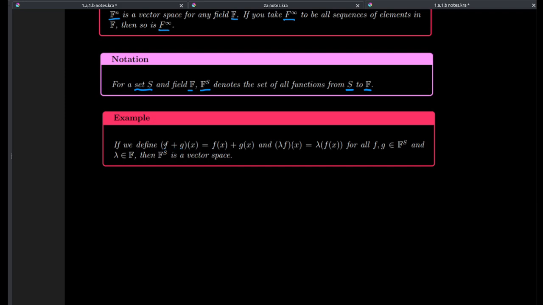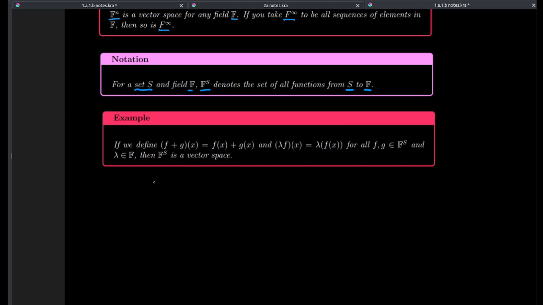If we define the sum of two such functions to be the function that sends x to f of x plus g of x, which is well defined because f and g are functions, and the scaling by an element of the field, lambda times a function, to be the function which sends x to lambda times f of x, which is an element of the field, then we've made F to the S, the set of all functions from S to F, into a vector space. If you don't believe this, I encourage you to go through and double check it as well. This might be something that you would see on a homework, for example.